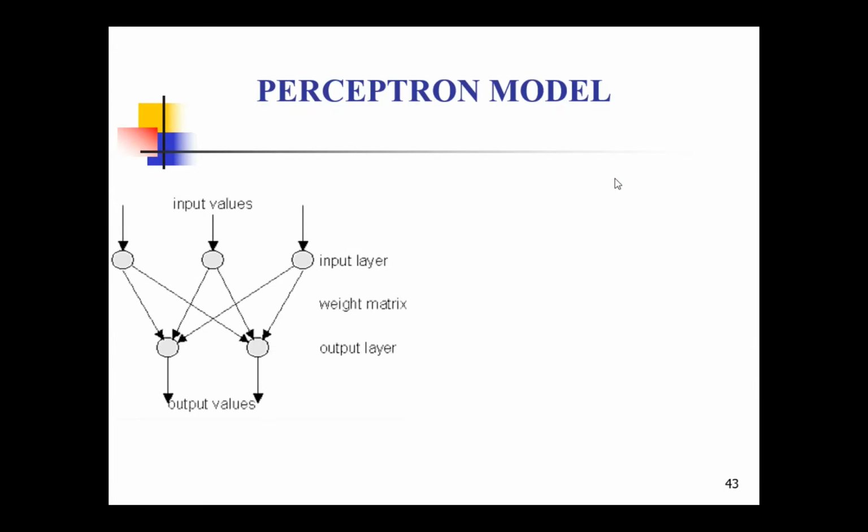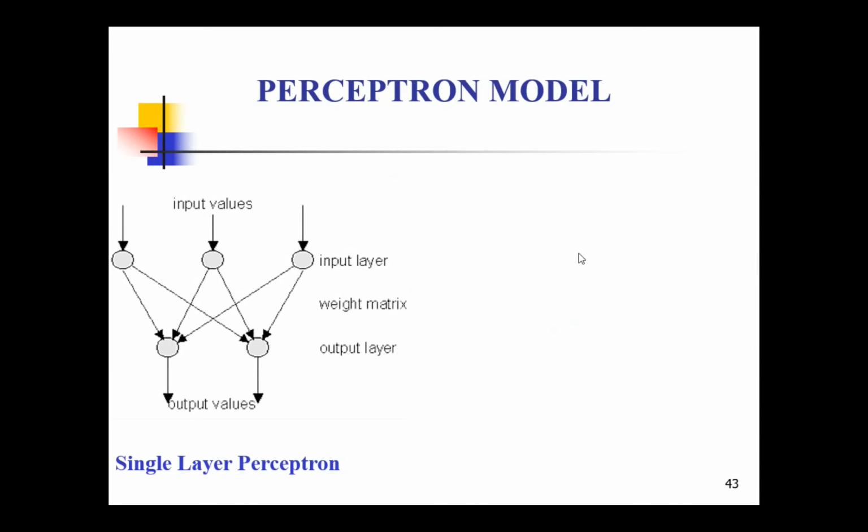What is a perceptron model? Here we can see an input layer and an output layer. This is called a single layer perceptron: only one input layer, one output layer, and no hidden layer at all. In the input layer, we have 3 input values, x1, x2, x3, that are connected to predict 2 outputs, y1 and y2.